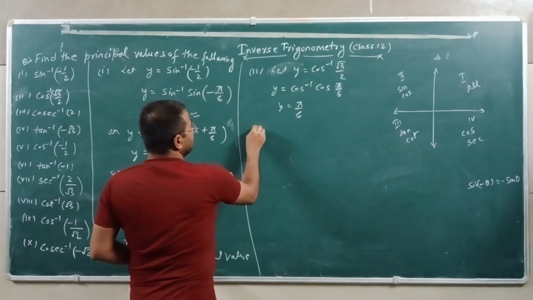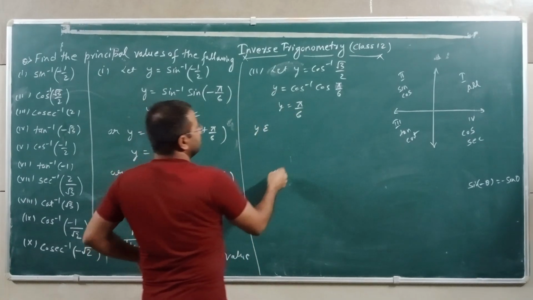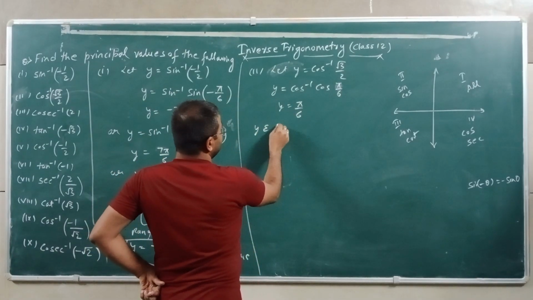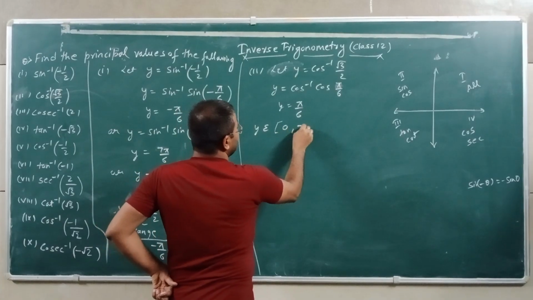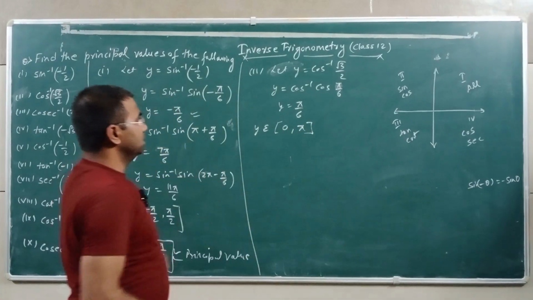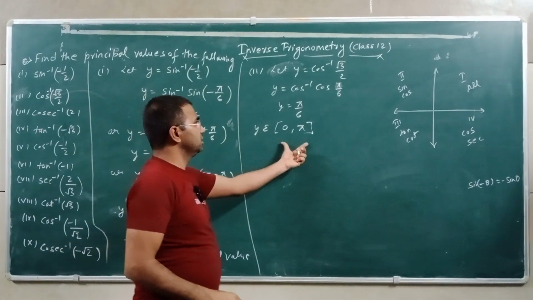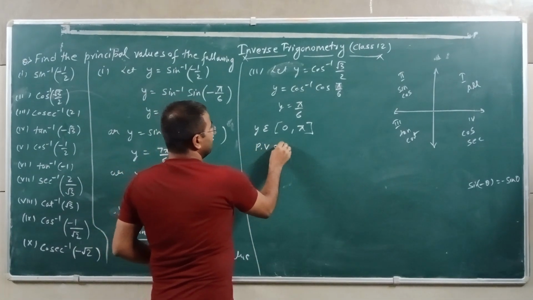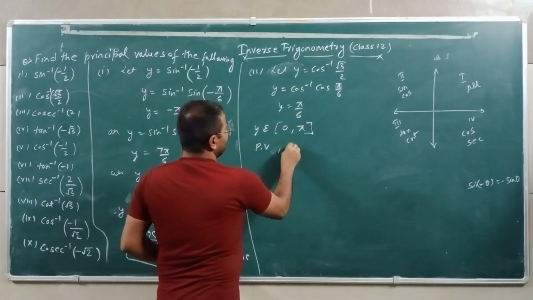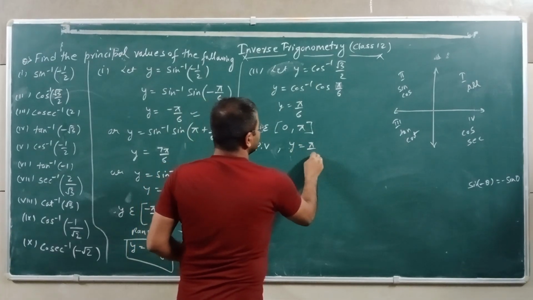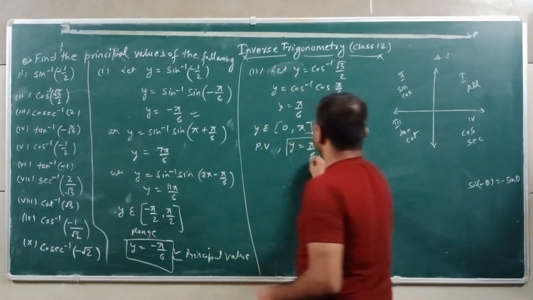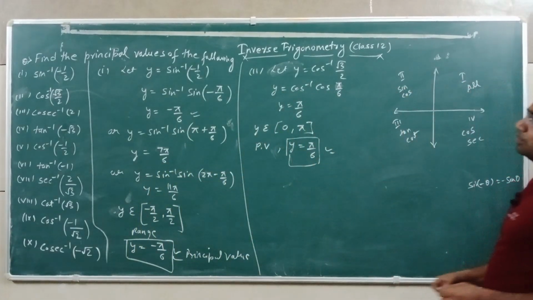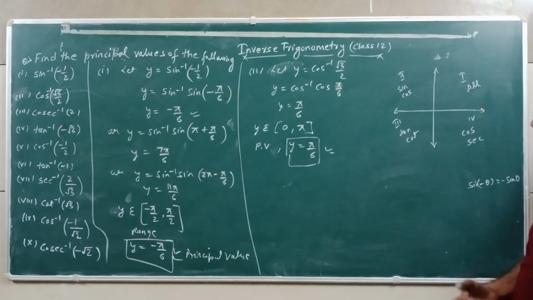And the range of cos inverse is between 0 to pi, so y will be between 0 and pi. Then the principal value will be y is equal to pi upon 6.